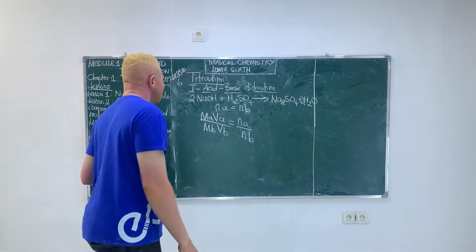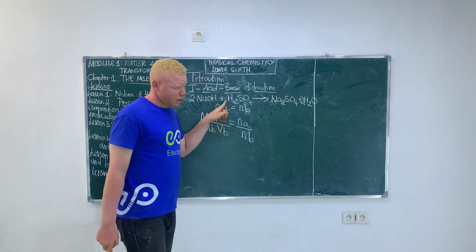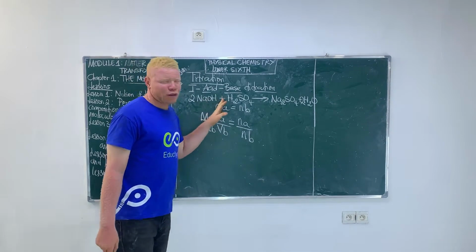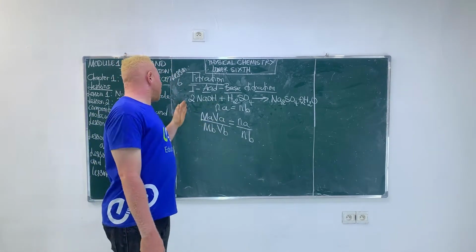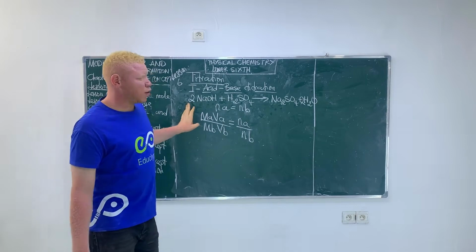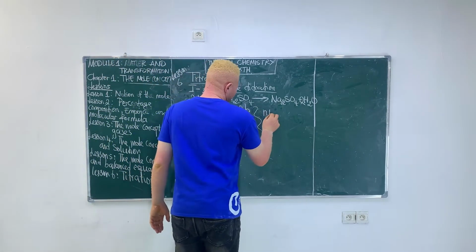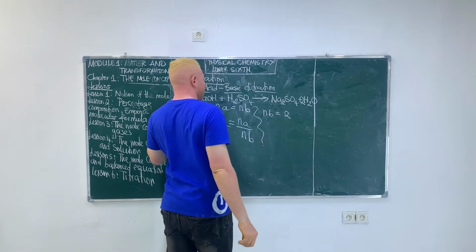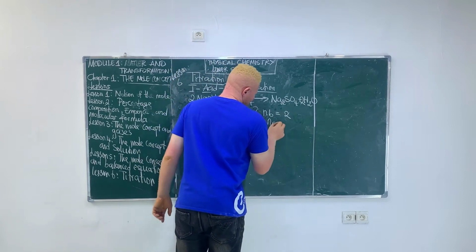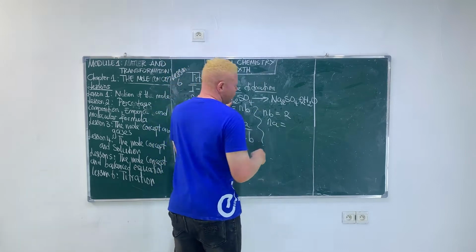The coefficient of the acid here is 1, because no number means 1. The coefficient of the base is 2, from the balanced equation.